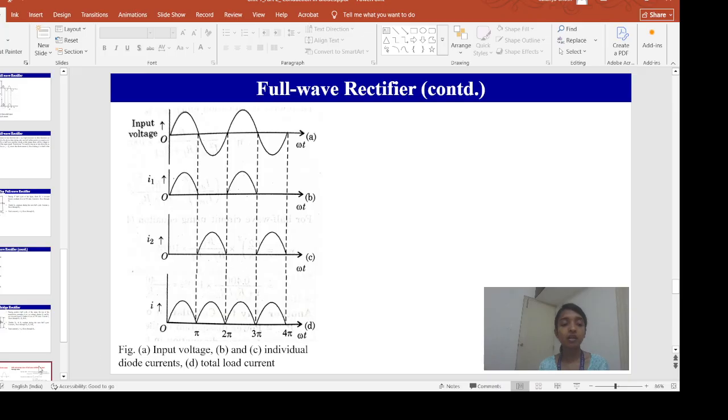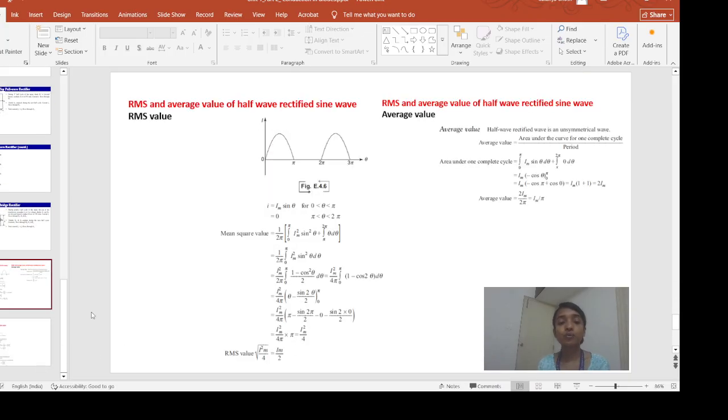Okay. Now, if we want to calculate the RMS value and the average value of the half-wave rectified sine wave, we have already seen how to calculate the RMS and average value for a periodic signal. So this is a case study.